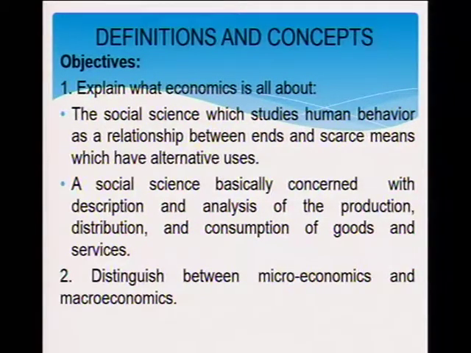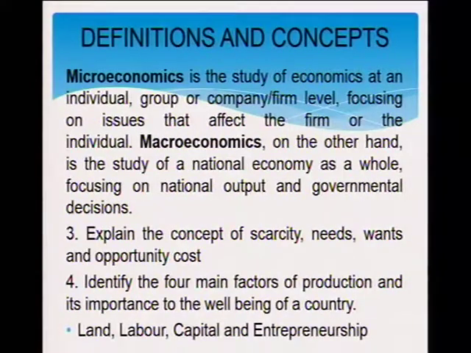And economics is such a very broad field, but it has been split into two main components, the microeconomics and the macroeconomics. And at this stage, we need to differentiate or distinguish between the two. What is microeconomics? Microeconomics is a study of economics at an individual, a group, or a company or firm level, focusing on the issues that affect the firm or the individual.